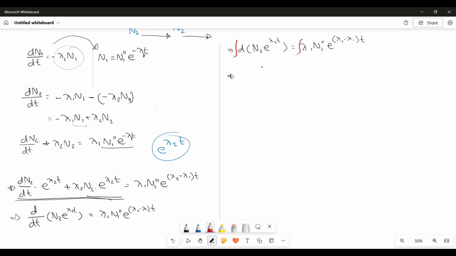So if we integrate, we get n2 e to the power lambda 2 t equals lambda 1 n1 naught into 1 by lambda 2 minus lambda 1 times e to the power lambda 2 minus lambda 1 into t, and then don't forget to add c here.